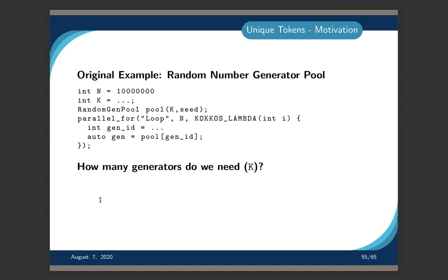So we wanted a random number generator pool, where every thread would essentially use one of these generators as long as it needs it, and get good random numbers. Now the problem is you need to figure out how many random number generators do I actually need, this K. And then you need to figure out which random number generator am I supposed to use inside my loop, right?